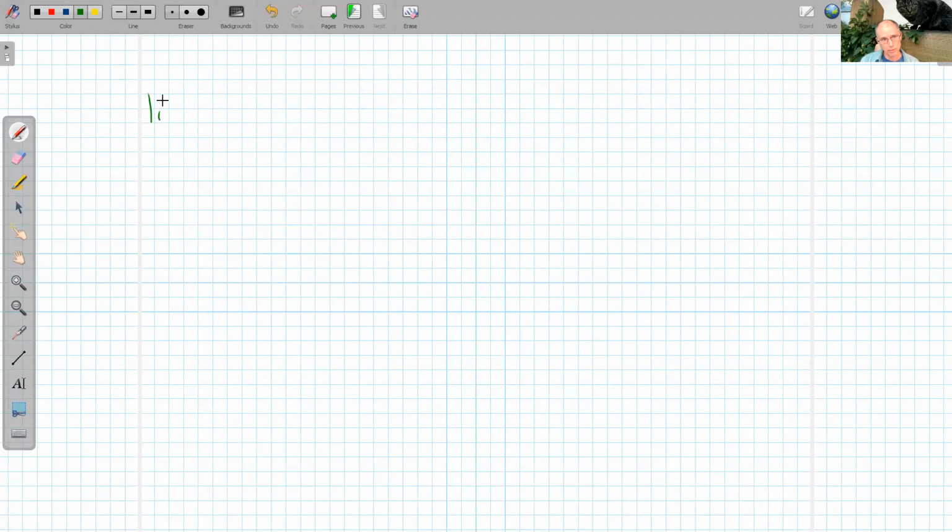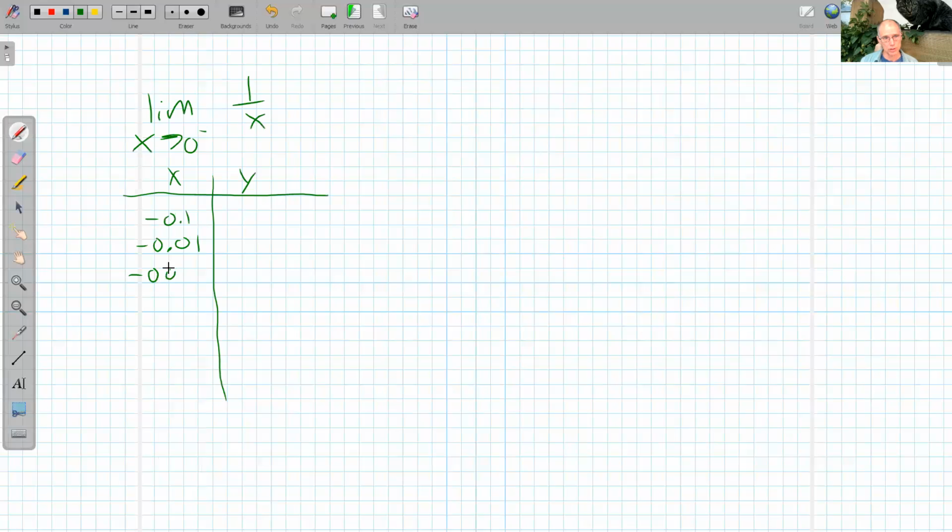If I look at the other side, if I take the limit as x approaches 0 from the left side of 1 over x, then in that case, I have numbers like -1/10 and -1/100th and -1,000th. And -1 millionth.